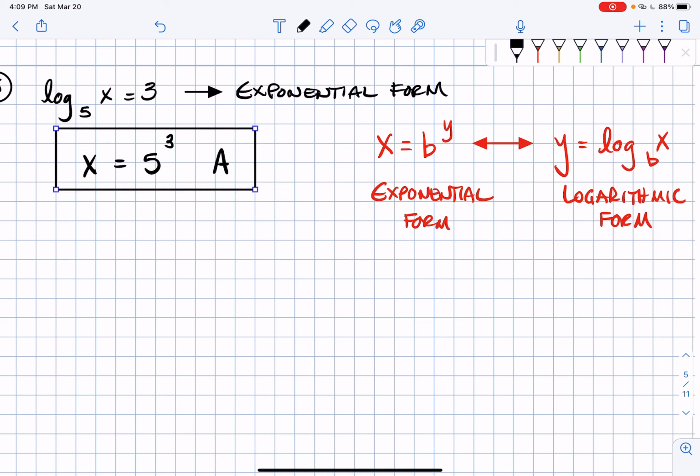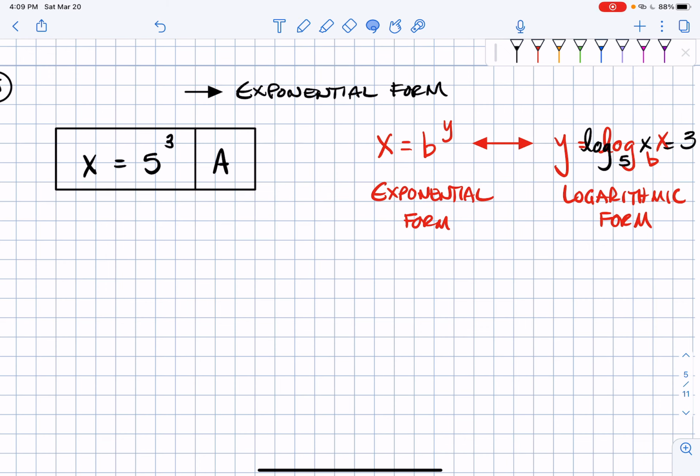I know that you guys are going to have questions on how much work do I need to show on this, and that's essentially all it is, right? There's really not much work to be shown. And if you wanted to, basically take this right here and kind of put it over this thing right here, right? So the B is the 5, the x is still the x, and the 3 is my y.